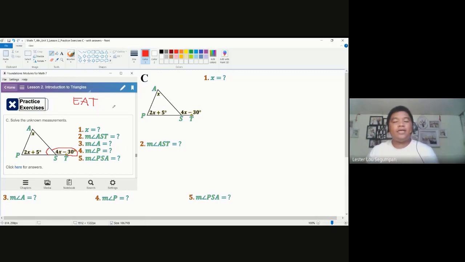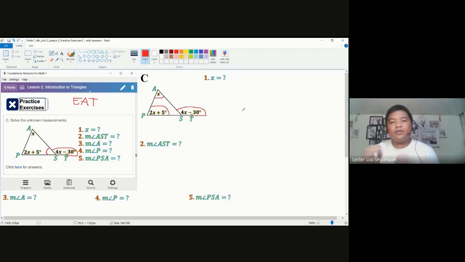We might be using the exterior angle sum theorem for other polygons. But for this practice exercise, we will be using the exterior angle theorem, which tells us that the measurement of an exterior angle is equal to the sum of the remote interior angles.